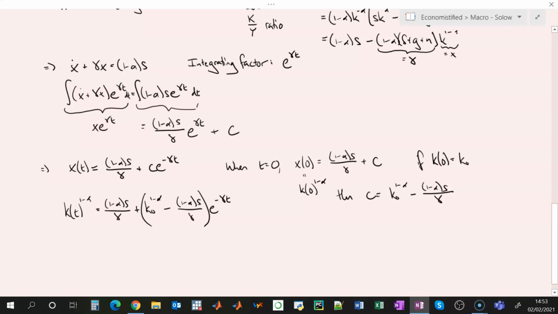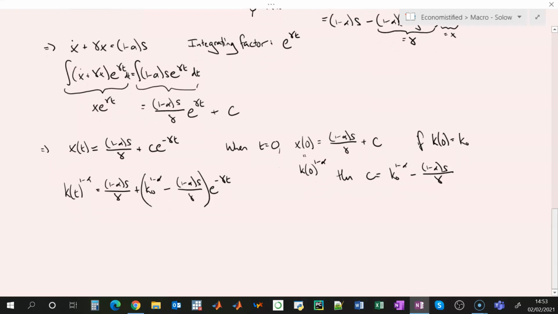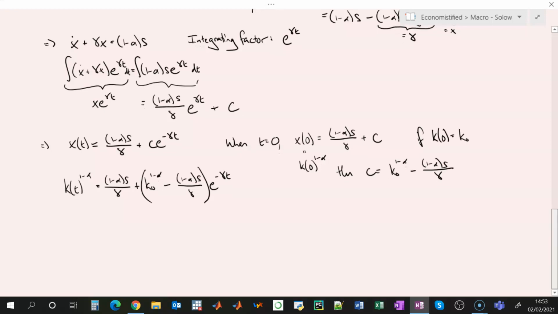And if we want, we can rearrange this a little bit to collect the 1 minus alpha times s over gamma term, but we don't need to do that. In particular, this is nice because we see as t goes to infinity, this term is going to go to 0, and our capital output ratio, which is on the left-hand side, is going to approach this constant. And the initial condition is not going to have any effect.